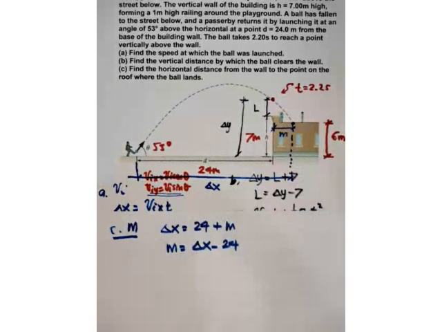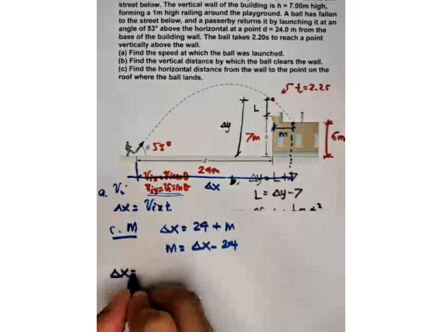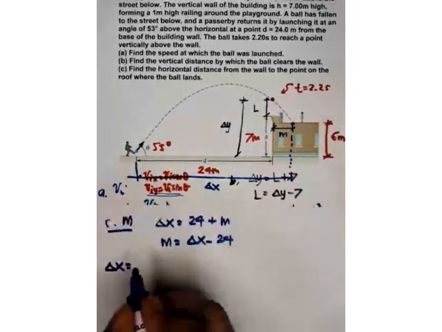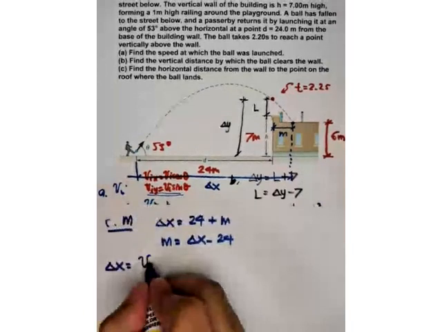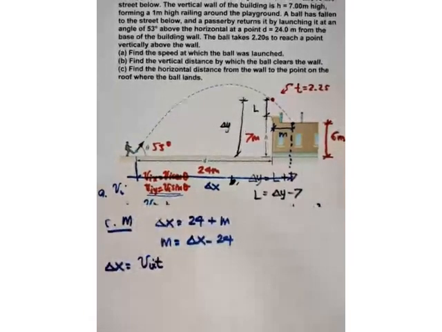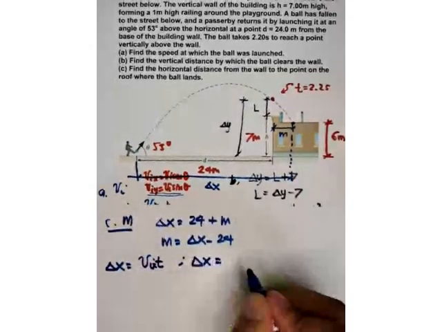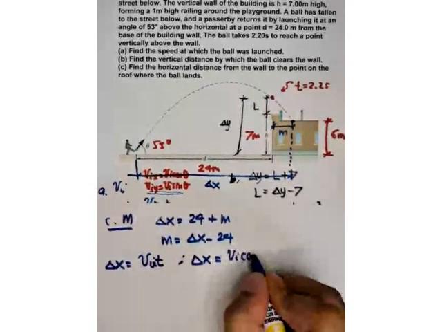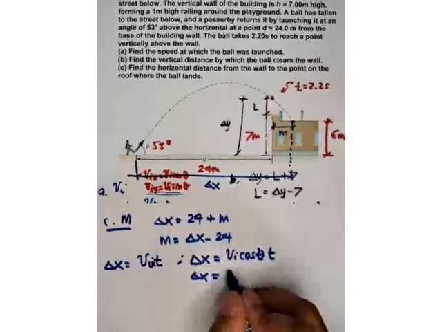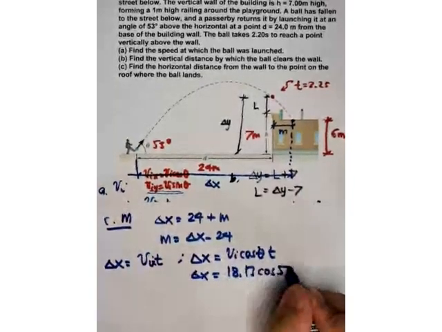Since we need delta x, we start with delta x. So what is delta x? Delta x is equal to Vi x t. Therefore delta x is equal to Vi cosine theta times t, which is 18.13 cosine 53 times t.